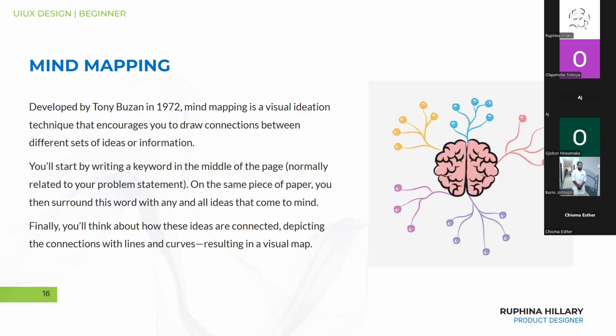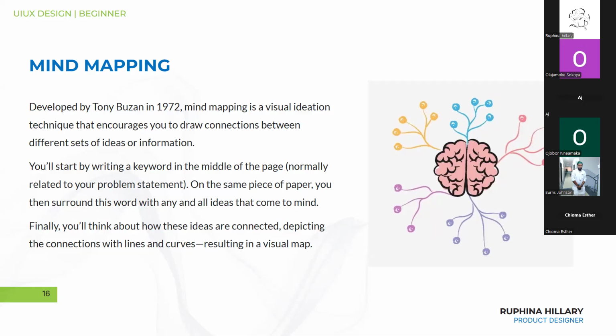We draw an arrow and you can write why, because apps are too complicated. We have already mapped something. Then from that, why apps are too complicated, you can also map another thing: make applications seamless and intuitive.